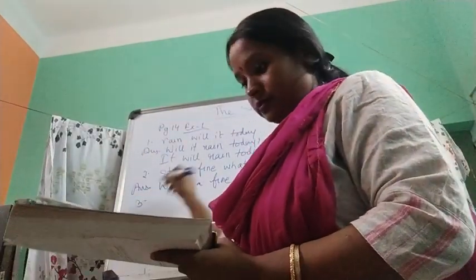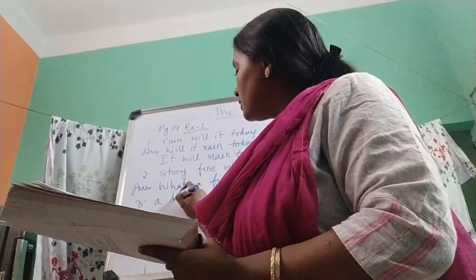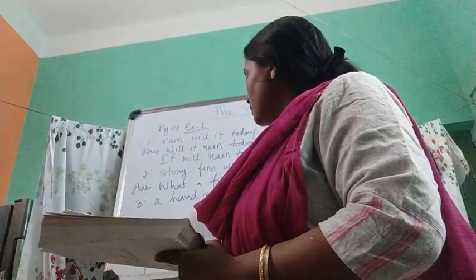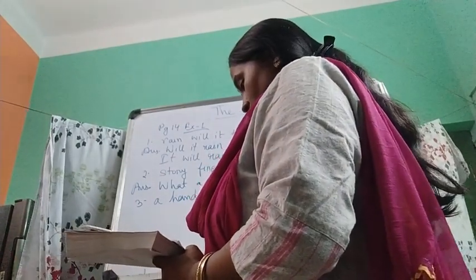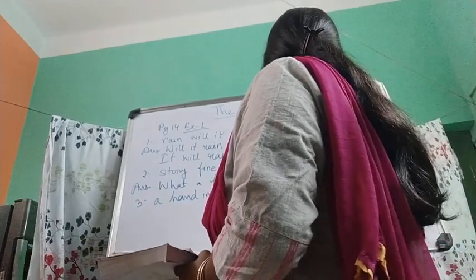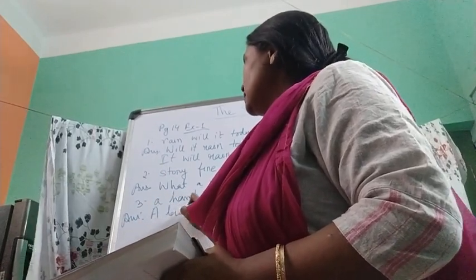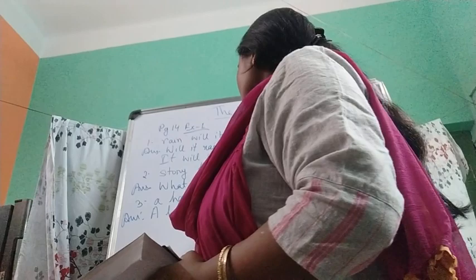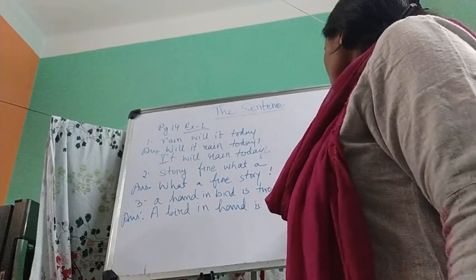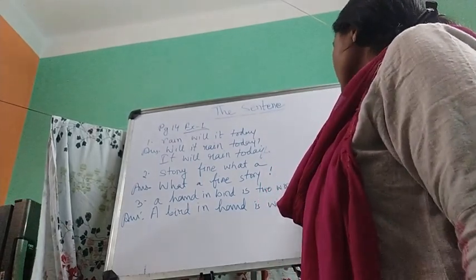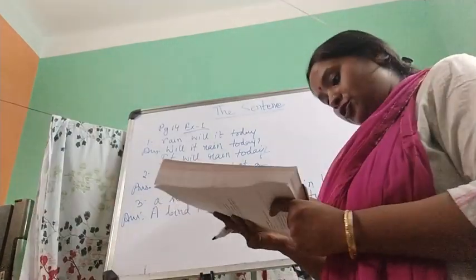Number 3, a hand in bird is to worth in bush the. Right? The answer would be: a bird in hand is worth two in the bush. Assertive sentence, so full stop.